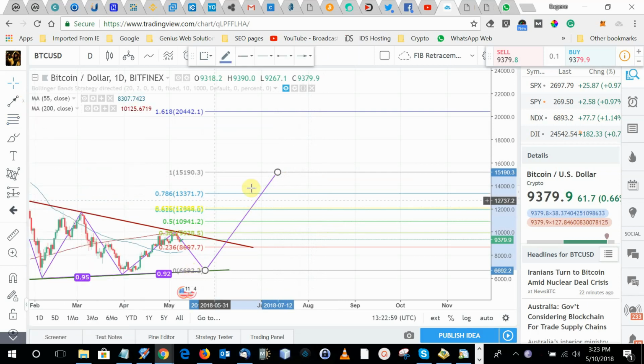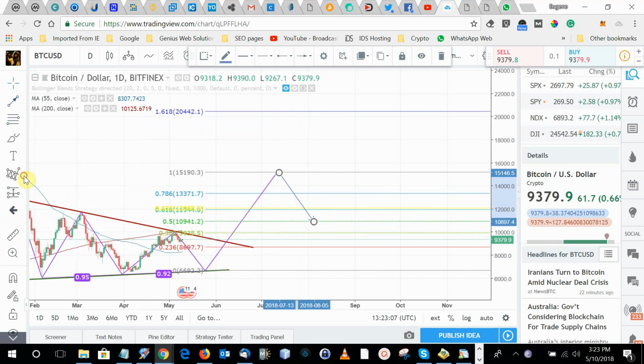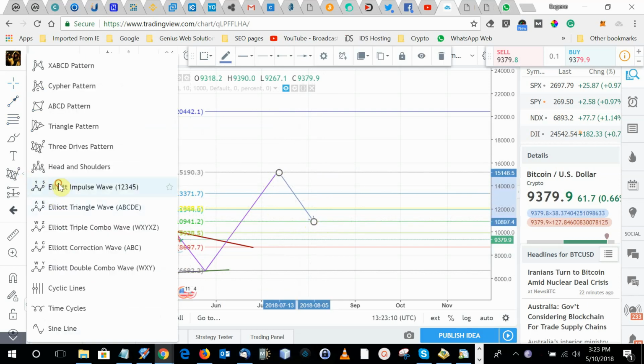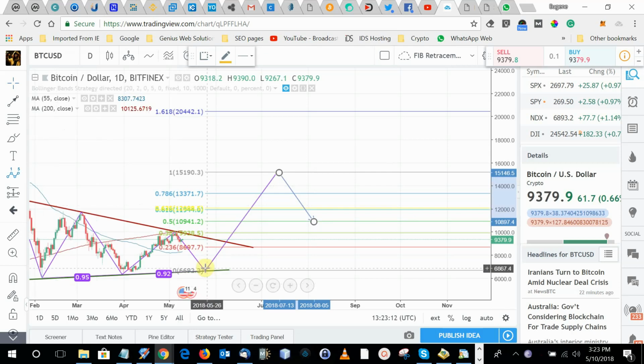So potentially we could see this rise all the way up to the 15 and then back down to the 50. How would that play out? Well, if we grab an Elliott impulse wave, we could possibly see that being the one.